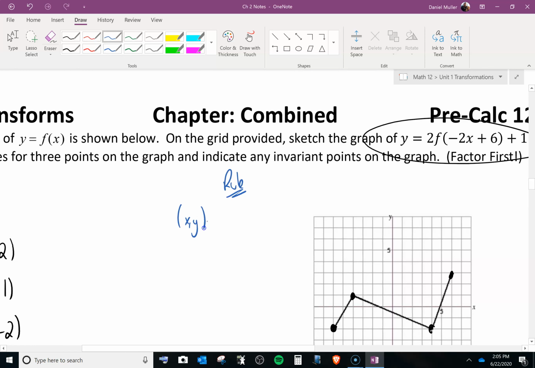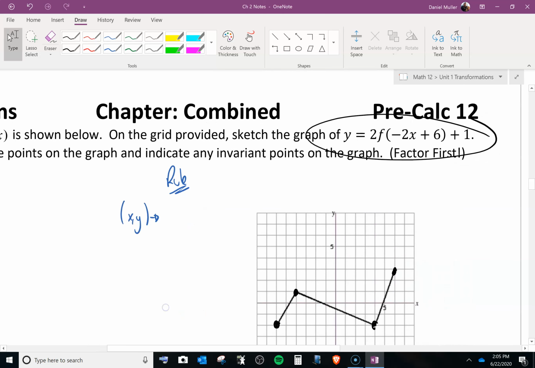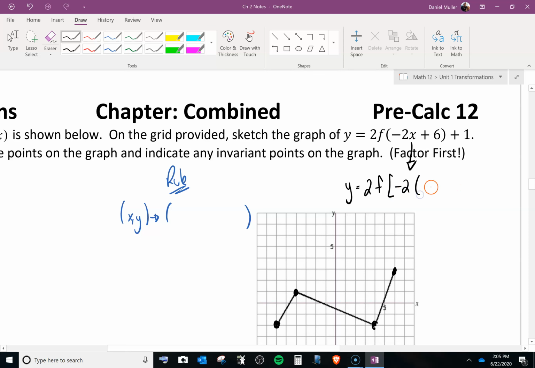So we can have an x comma y, and we need to transform it. Now I actually can't have this written like this because I need to have the x alone. I need to take the -2 out. So I need to divide this by -2 and divide this by -2. It's called factoring it out.